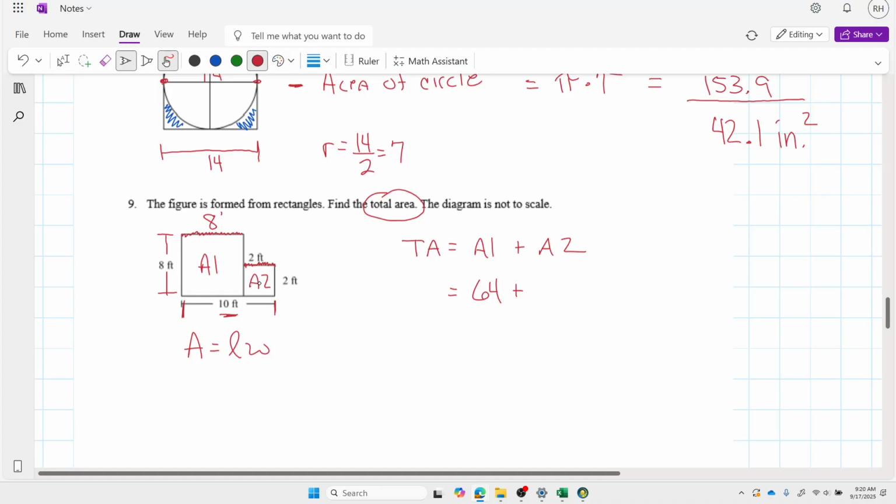And look at the area of 2. You've already got both dimensions. You've got a length and a width. And 2 times 2 is 4. So the total area is going to be equal to the sum of the two areas of A1 and A2. So 68. We're in feet, so this is called square feet.